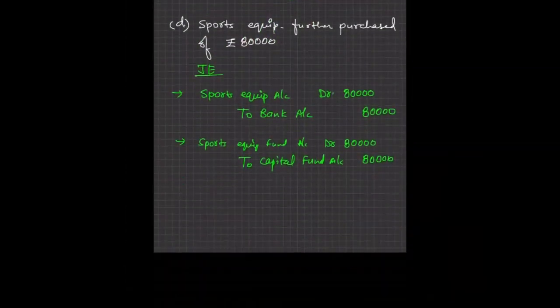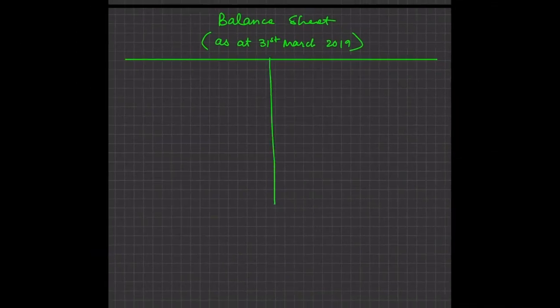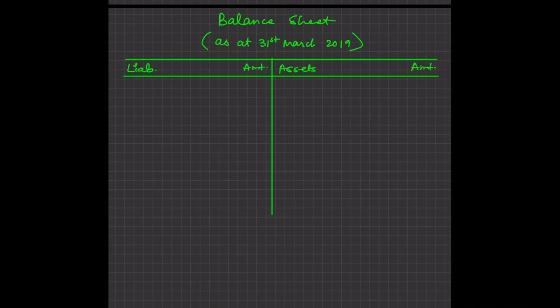So let's prepare. First of all, let's prepare the balance sheet as at 31st March 2019. So this is nothing but your opening balance sheet. So you have your liabilities, you have your amount, you have your assets and your amount over here.